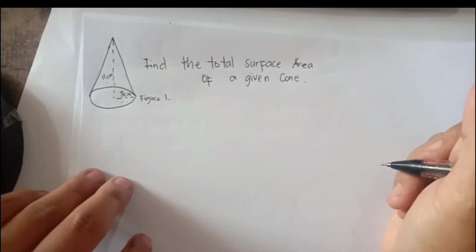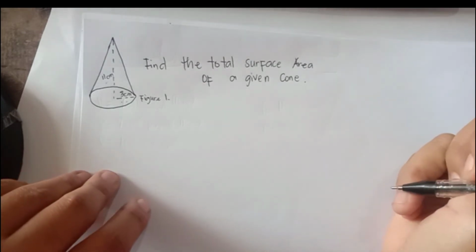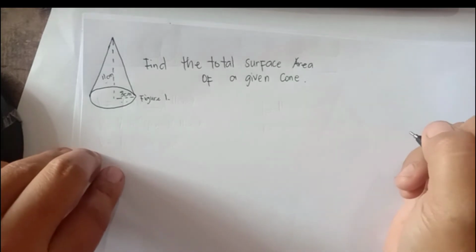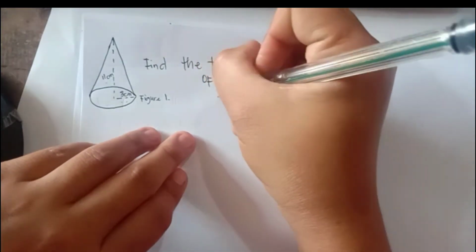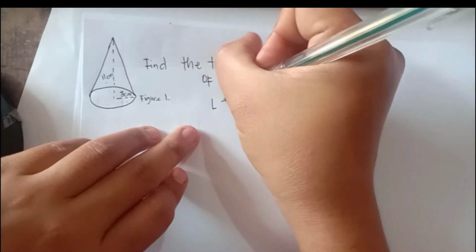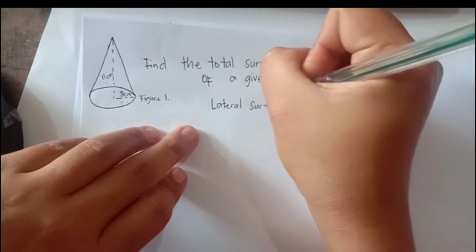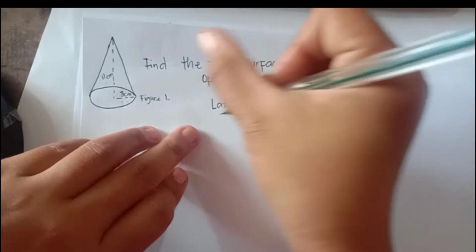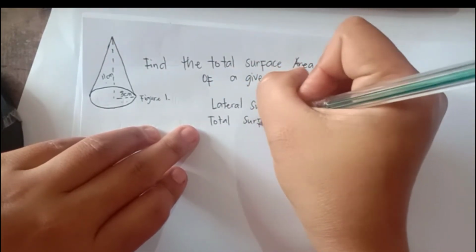First is, we have to think unsa tong mga formula nga ato ang gamiton. First, ang atong pangitaon is the lateral surface area and the total surface area.